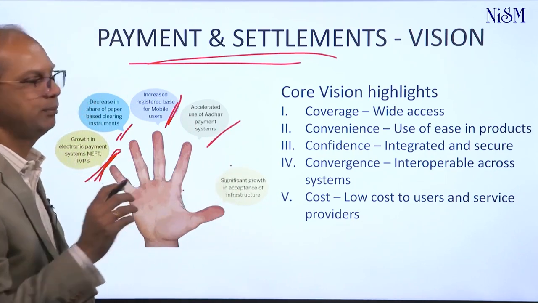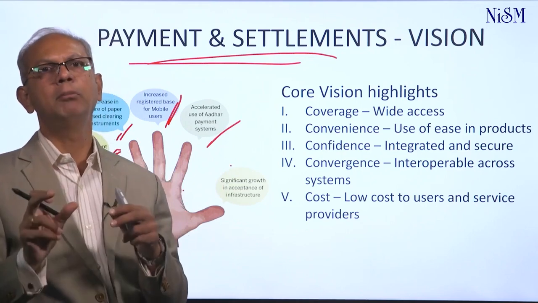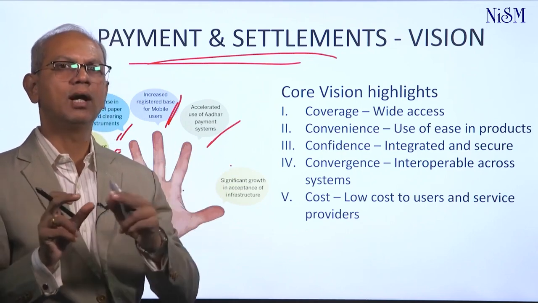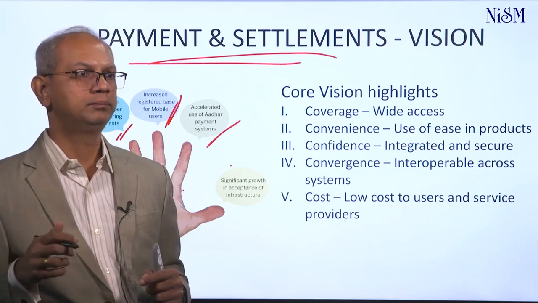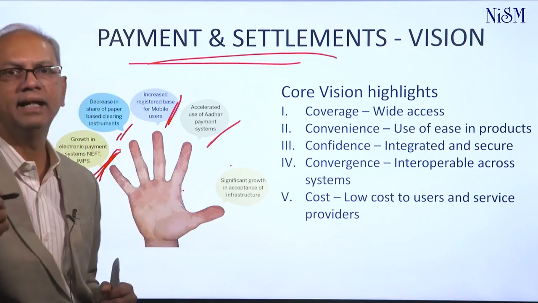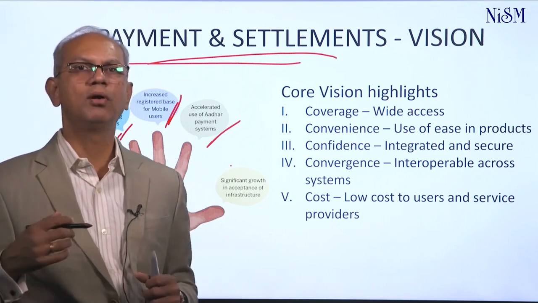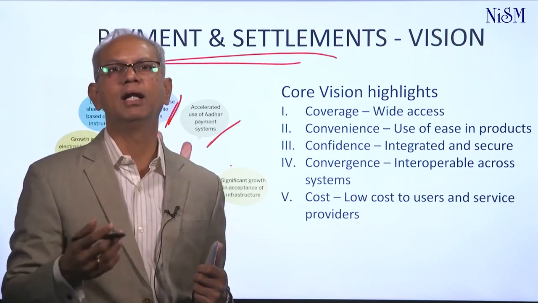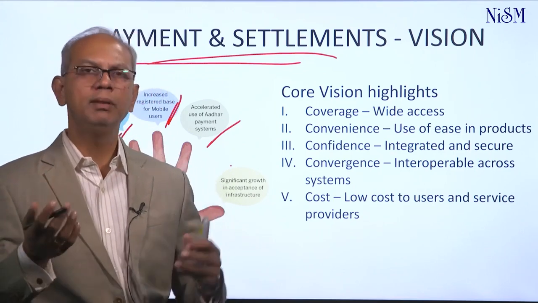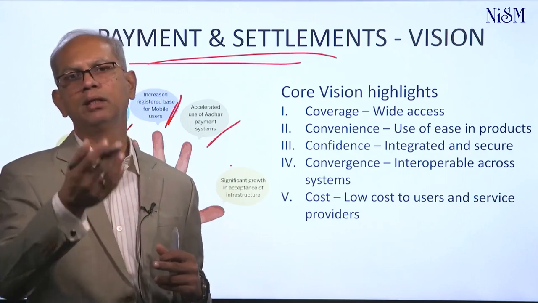Then Aadhaar based payment settlement, which means a number versus anything that is linked to Aadhaar. The Aadhaar payment system is identified. There is no scope, not even a little bit of scope, for Hawala, where the user would be masked and you do not know who the user is.